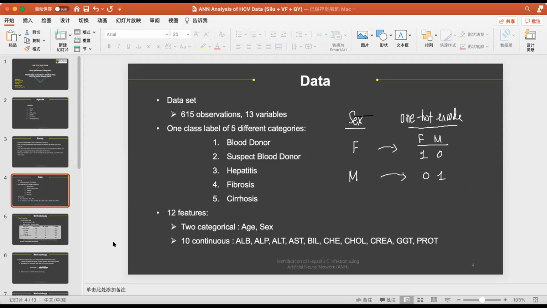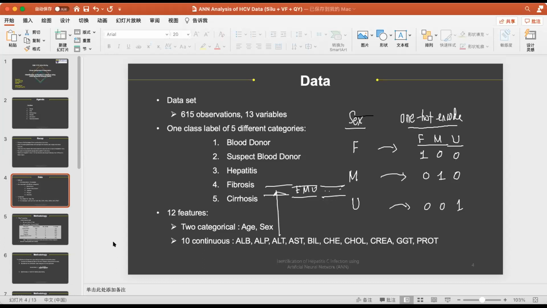For example, if you have three levels, female, male, and unknown, you would code like this. Correct. Your data set will have additional columns like that. That's one way to do it.